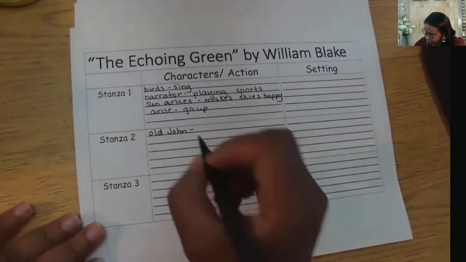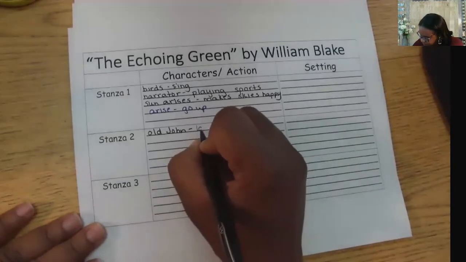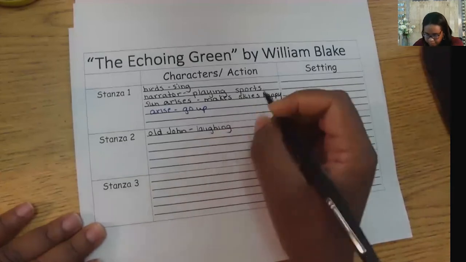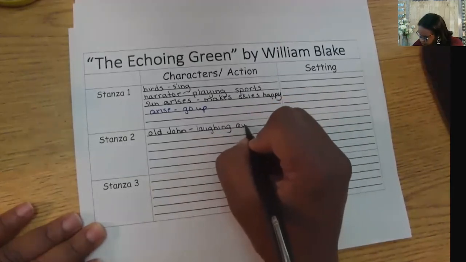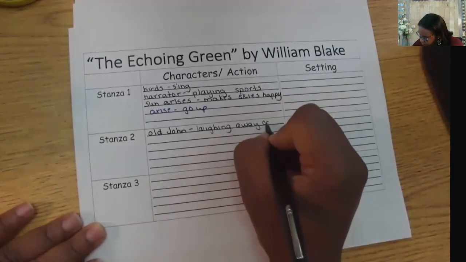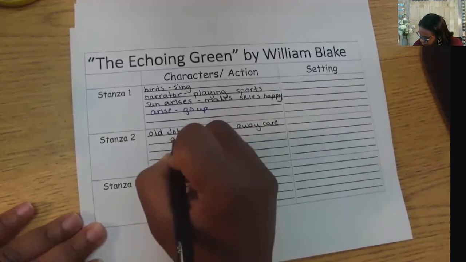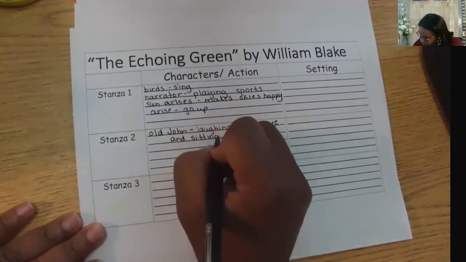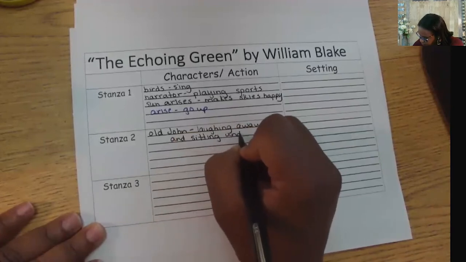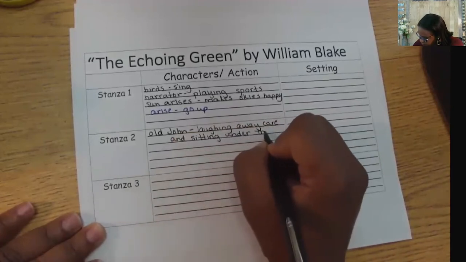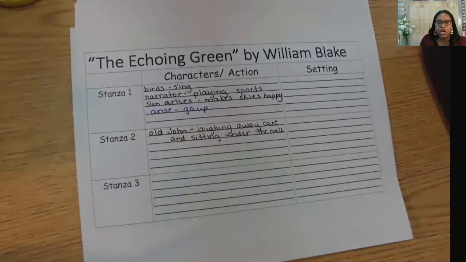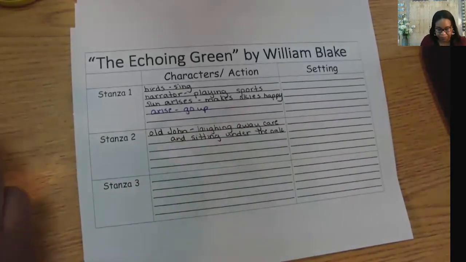Let's write both of those. And an oak is a type of tree.